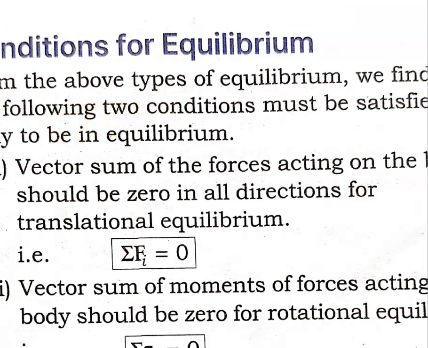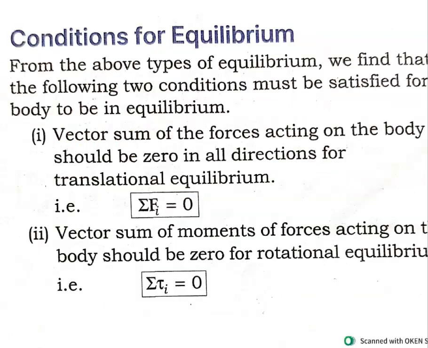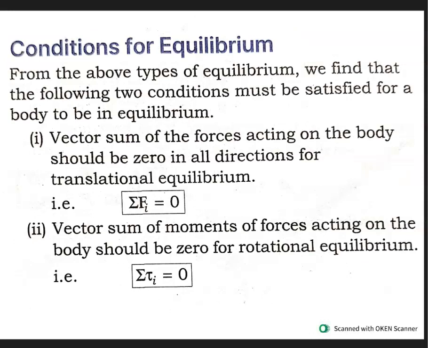Next, we talk about conditions of equilibrium. There are two important conditions to be satisfied for an object to be in equilibrium. First one, the vector sum of forces acting on the body should be zero in all directions for translational equilibrium.